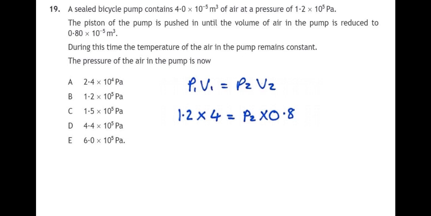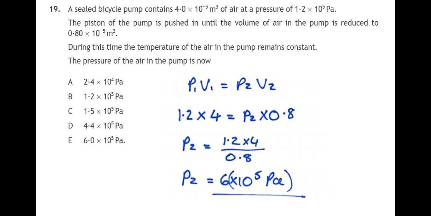So I just scrubbed them out. They cancel out anyway. And then just put in my values here. 1.2 times 4 equals pressure 2 times 0.8. So pressure 2 is 1.2 times 4 divided by 0.8, which gives me 6. And then I can add in my times 10 to the power 5 again at the end. And that's 6 times 10 to the power 5 pascals.